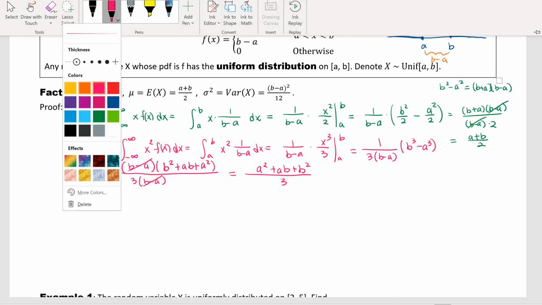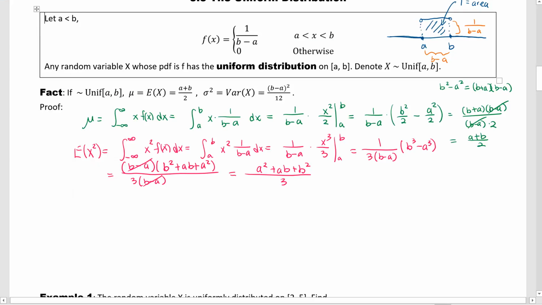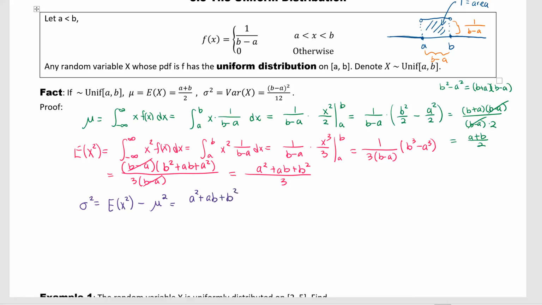Now is the time to figure out the variance. Variance equals the second moment minus the mean squared. What is the mean?